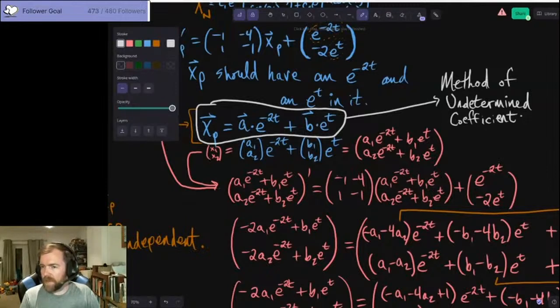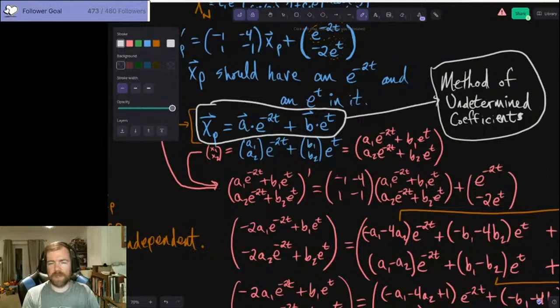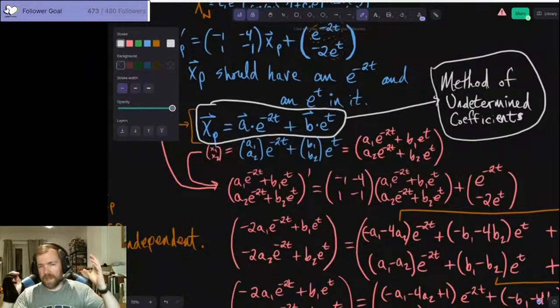So using the method of undetermined coefficients, or inspired guessing, we can say this is going to involve each of the pieces in this separate vector, and each of those portions is going to have its own constant vector, and then find out what those vectors would have to be.